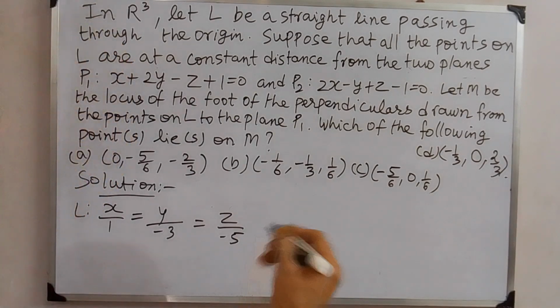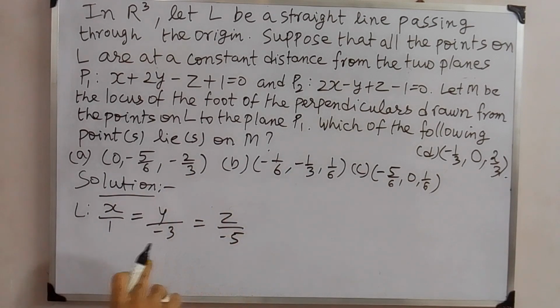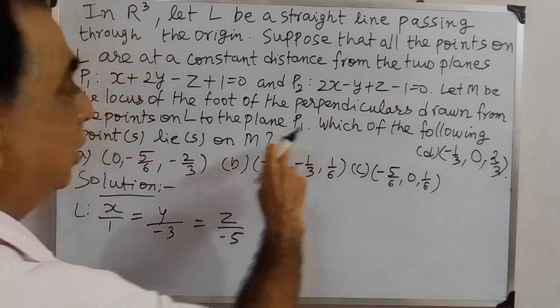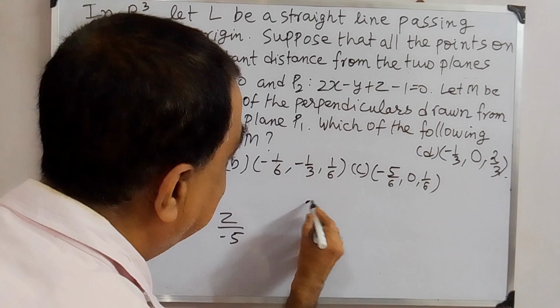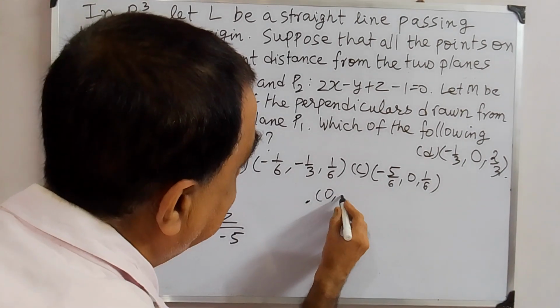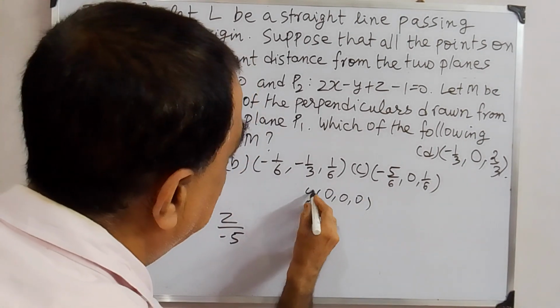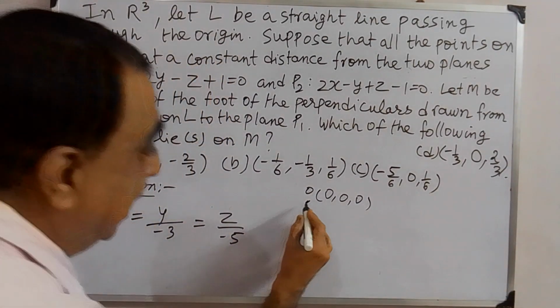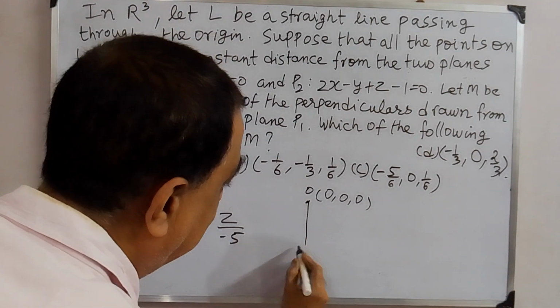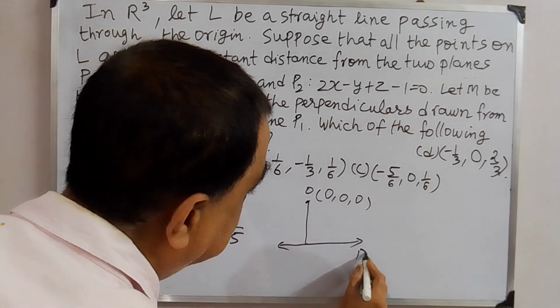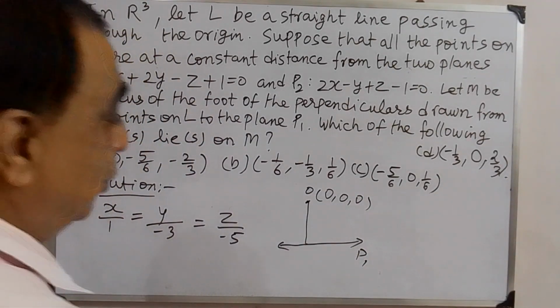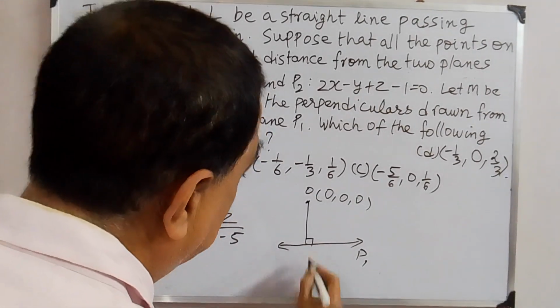So now we will find the locus of the points M which are lying on the foot of the perpendicular drawn from L on the plane P1. It was given that the origin is lying on L. So from O, we are now finding the foot of the perpendicular from O onto P1.